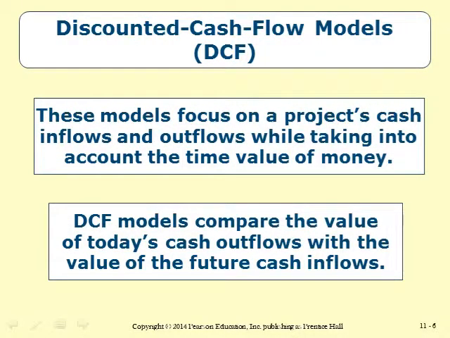So the most widely used capital budgeting models are discounted cash flow, or DCF, models. These models focus on a project's cash inflows and outflows while taking into account the time value of money. Discounted cash flow models are based on the theory of compound interest.